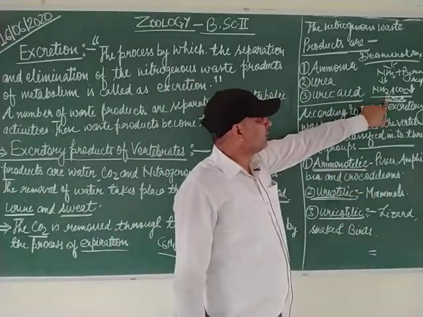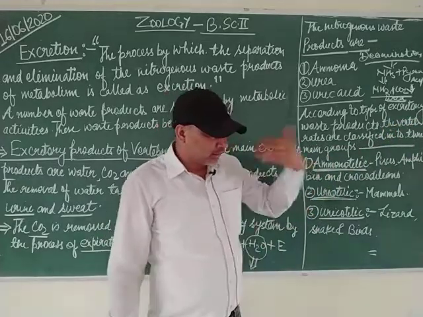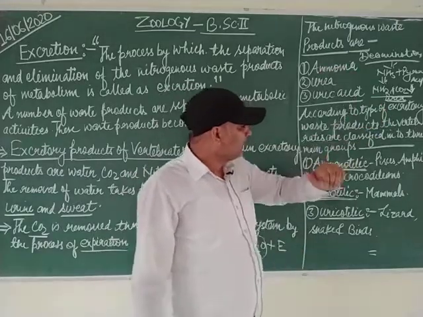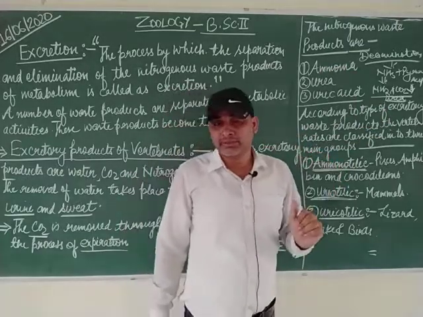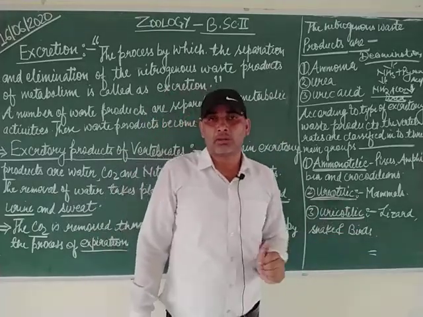So urea is another nitrogenous waste product, which is secreted from the body of mammals. Another one is uric acid, also found in the body of mammals and all vertebrate animals, though the ratio and concentration are different in different vertebrate animals.